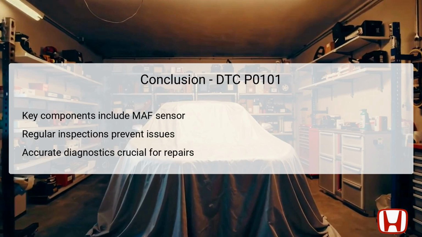In conclusion, addressing DTC P0101 involves understanding the pivotal role of the MAF sensor and other related components in your vehicle. Record keeping during diagnosis, including freeze-frame data and associated DTCs, is imperative for a comprehensive understanding of the fault.